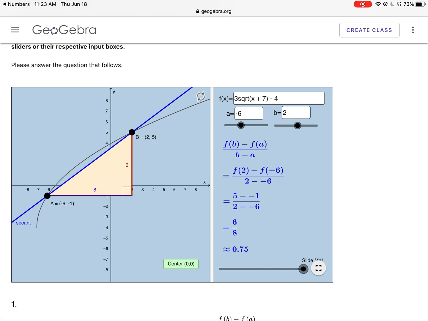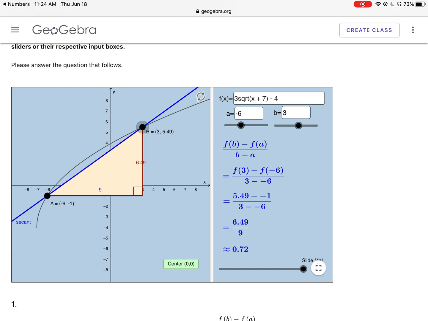Okay, so that's just showing me that from point A to point B, the change from one coordinate to the next is roughly 3/4 of a unit. Now notice if I move either point A or point B, that number for the average rate of change is going to change. It's going to be different.